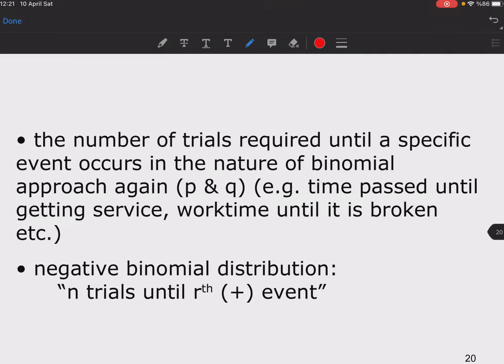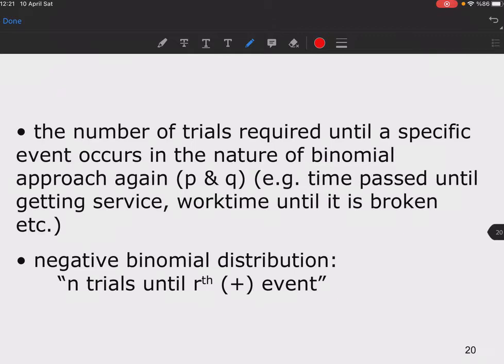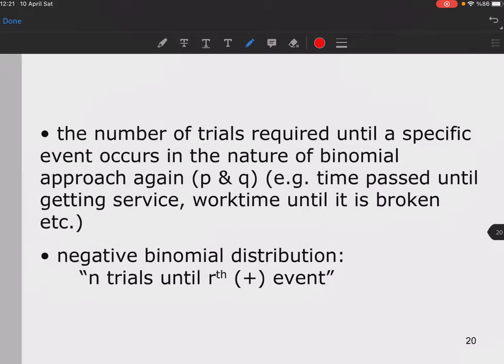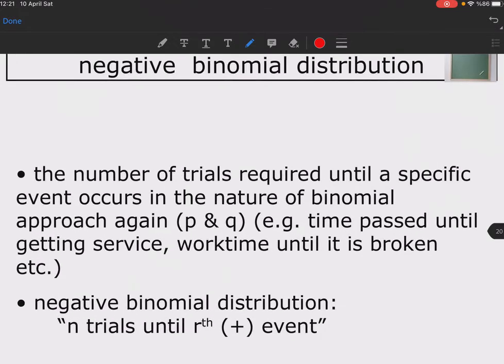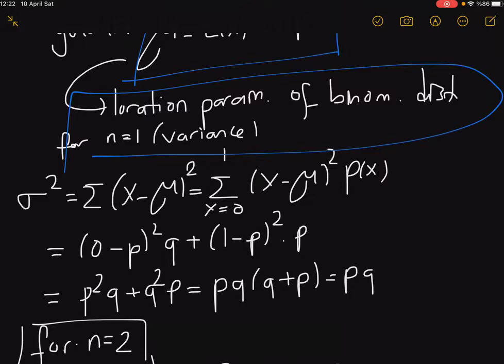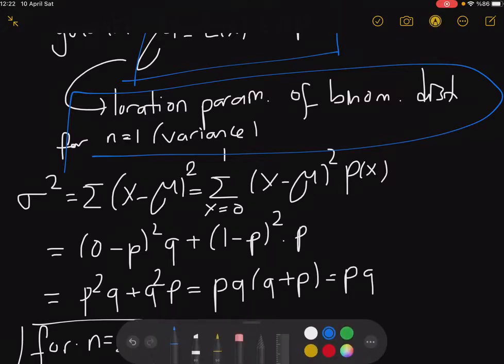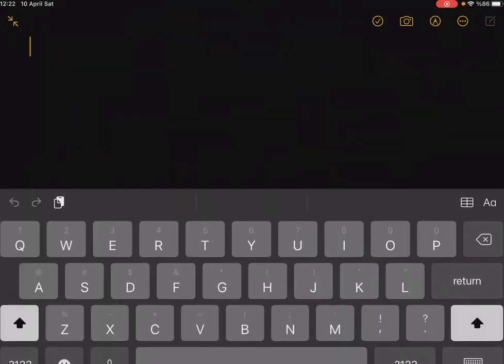And negative binomial distribution is dealing with the n trials until the rth positive event has occurred. This type of question is in our interest here.